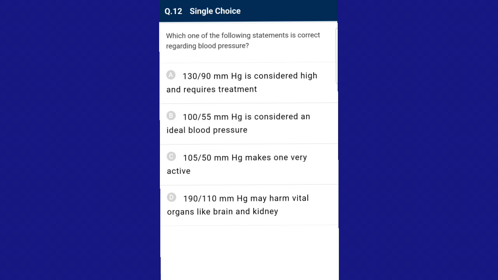In this measurement, 120 mm Hg, millimeters of mercury, is the systolic or pumping pressure and 80 mm Hg is the diastolic or resting pressure. So the answer is option D. 190/110 mm Hg may harm vital organs like the brain and kidney. So that is correct regarding blood pressure.